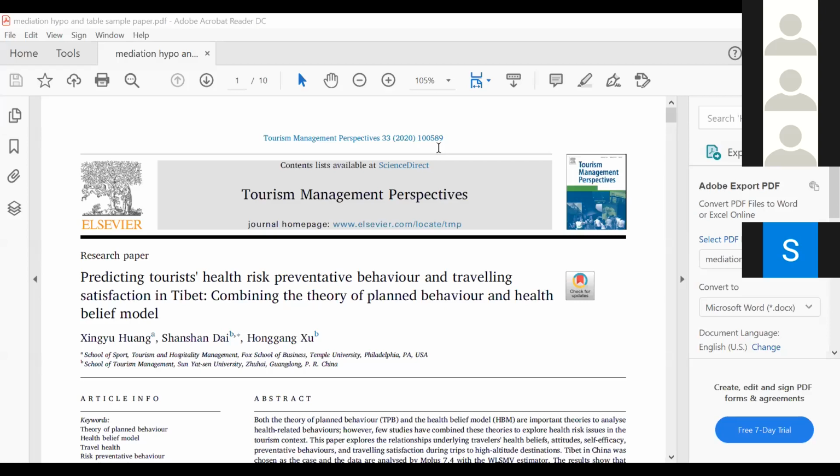It said, I don't use LEDs, but I switch off lights: a study of green behavior in India. I'll repeat the topic for you. The topic was, I don't buy LED lights, but I switch off the lights: a study of green behavior in India.